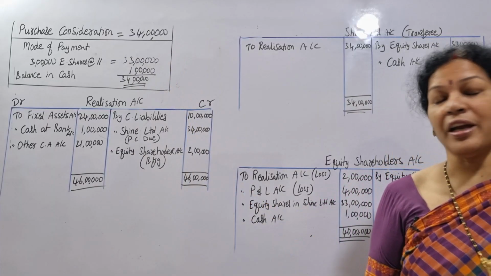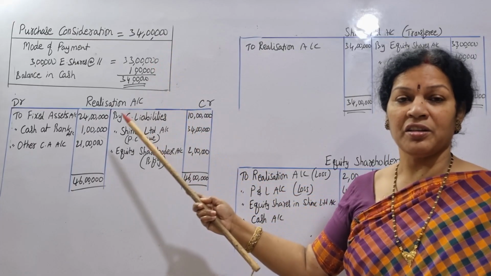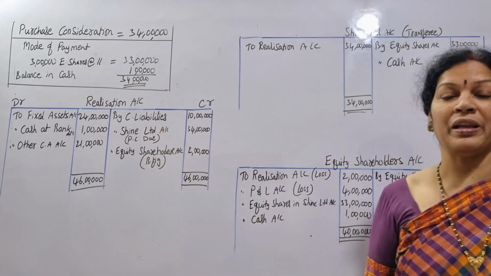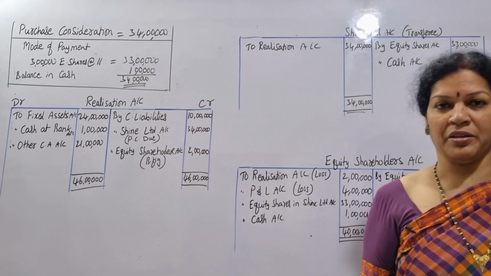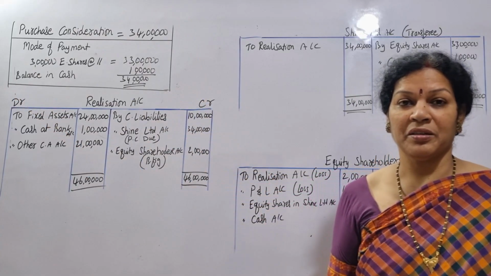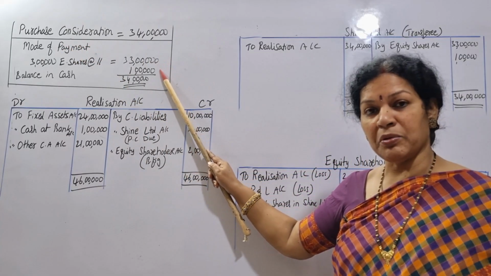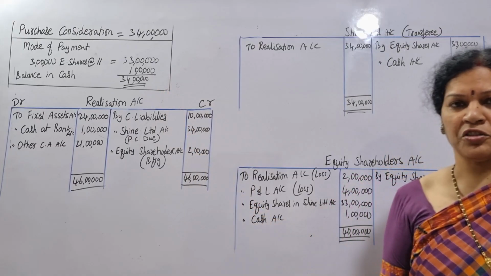The rest of the amount is paid in cash: 34 lakh minus 33 lakh, the rest is 1 lakh. They want to pay 1 lakh as cash, balance in cash. Remember this mode of payment: 33 lakh in equity shares and the balance of 1 lakh in cash.